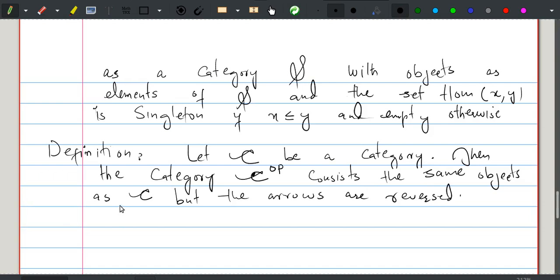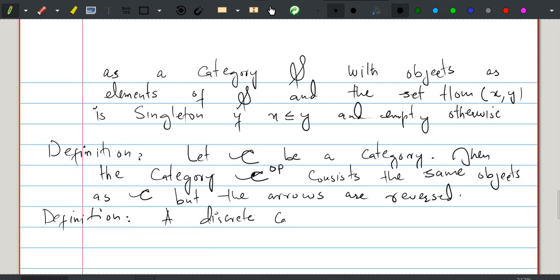Similarly, we have a discrete category. A discrete category is one whose only morphisms are identities.